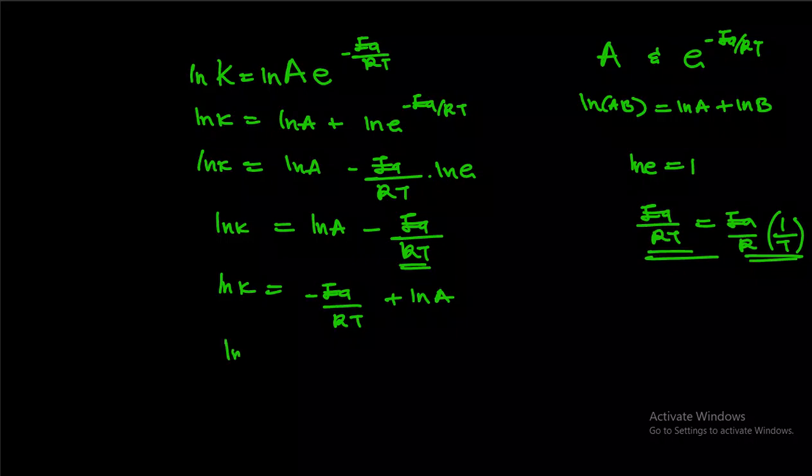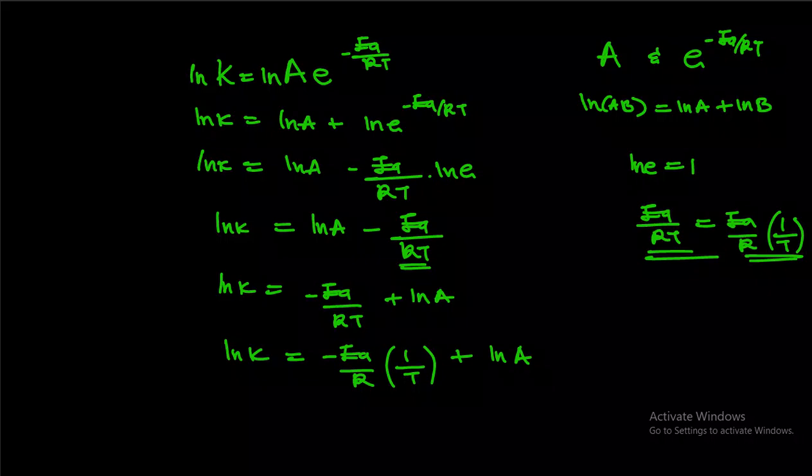So we are going to write ln k equal to negative activation energy over R, multiplied by 1 over the temperature, plus ln A. There is something I want you guys to understand when the equation leads to this point.